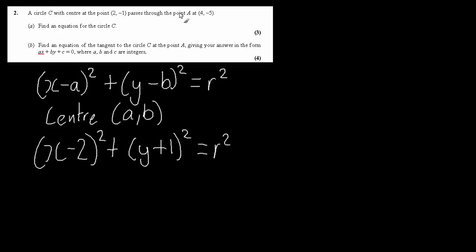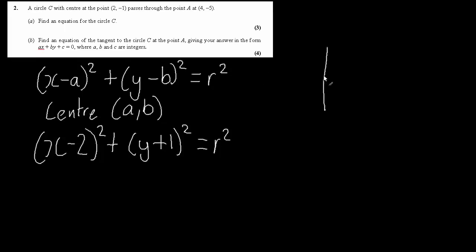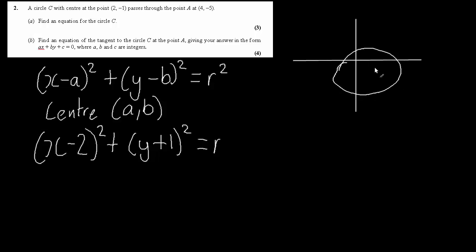But if we think about our question, we know we have a circle with a centre at 2, minus 1. So there's our centre, and the circle passes through the point A, which is here.